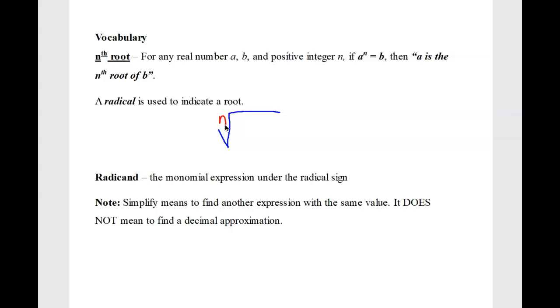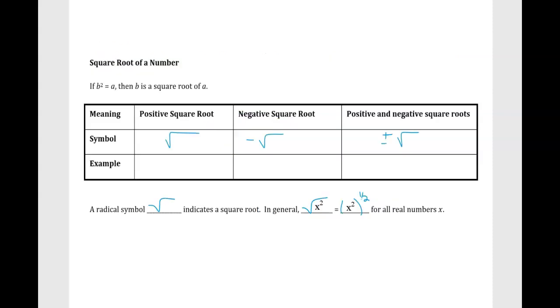Now, the square root of a number: if b squared is equal to a, then we say that b is a square root of a. That's what it would look like algebraically.